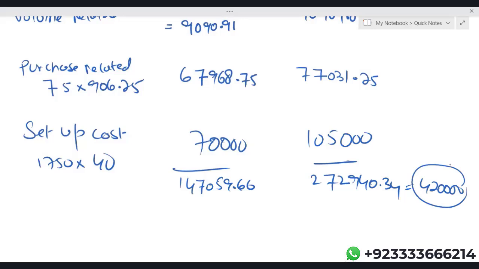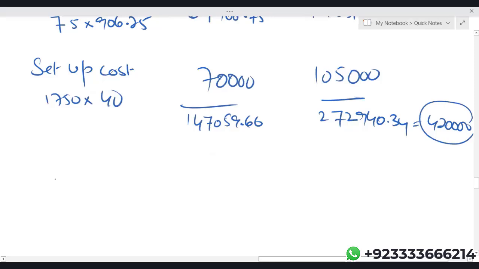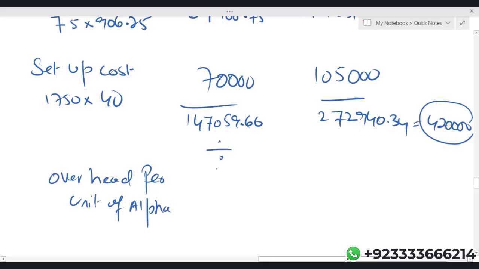Now we just need to calculate overhead cost per unit of alpha. So very simple. Divide this with 12,000. If the examiner is also asking to calculate overhead cost per unit of beta, then obviously total overheads which belong to beta divided by 12,000.